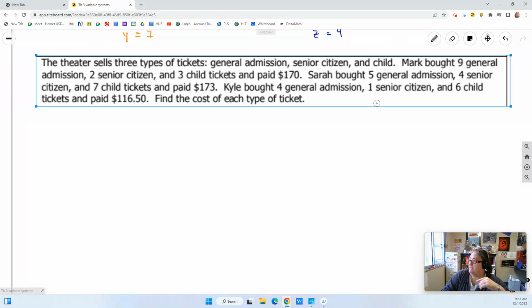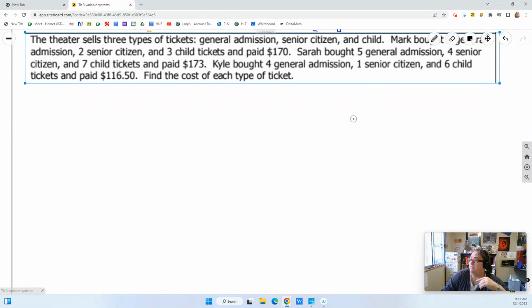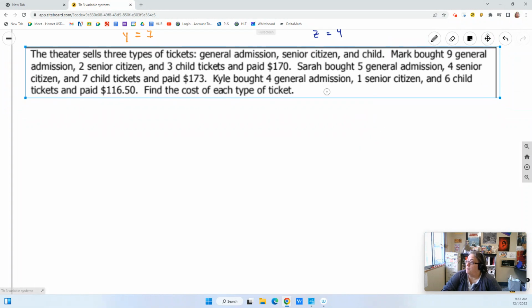And we're talking about tickets. And I think we did one with tickets before. I can't remember fully. It says the theater sells 3 types of tickets: general admission, senior citizen, and child. Mark bought 9 general admission tickets, 2 senior citizen tickets, 3 child tickets, and paid a certain total.